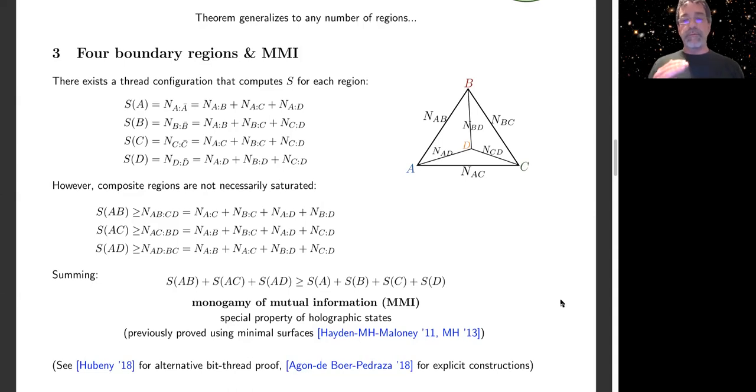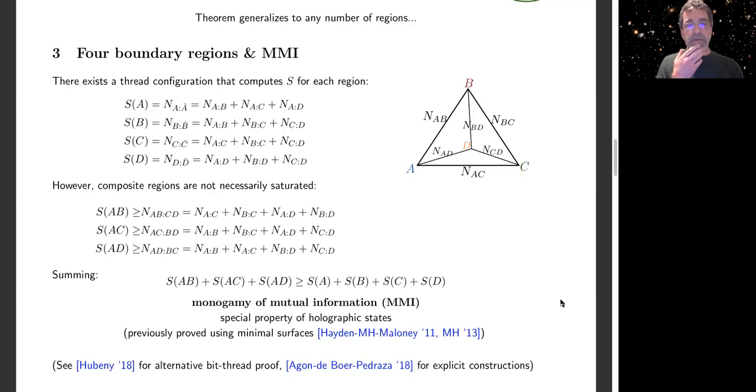So the previous proof was, of course, based on cutting and pasting minimal surfaces, and gave no clue conceptually about what the meaning of this inequality is. And bit threads may give such a clue. So I'll talk about that later in the talk if I have time.